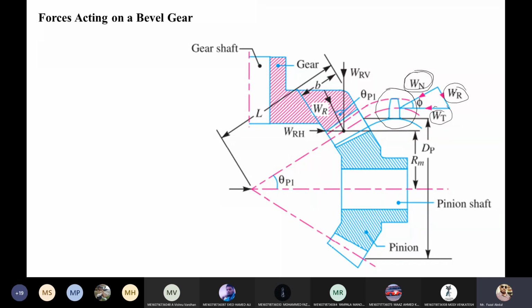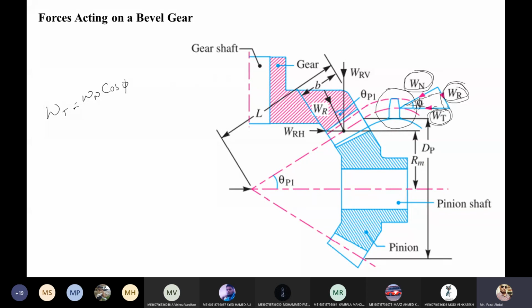To enumerate this WT and WR, we have some empirical relations or formulas. I am writing on the screen: WT equals Wn, the normal load, into cos phi. From the triangular relation, Babu, I am writing the equation. This is phi, the pressure angle.